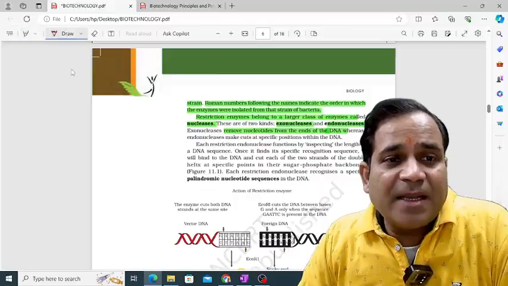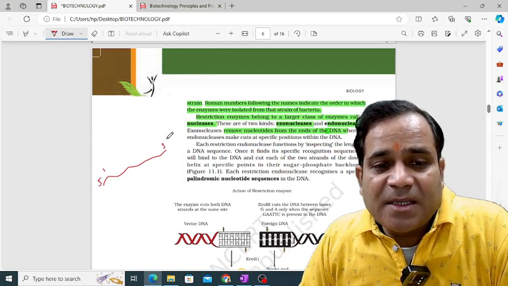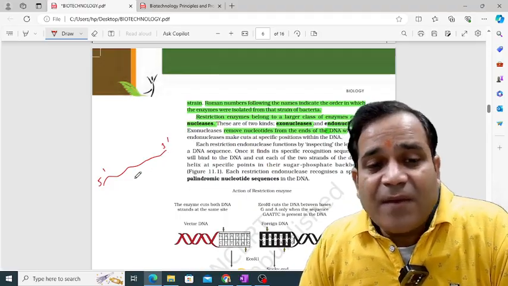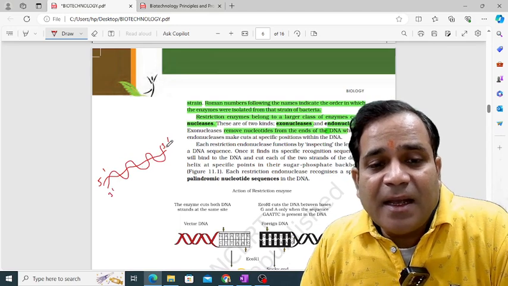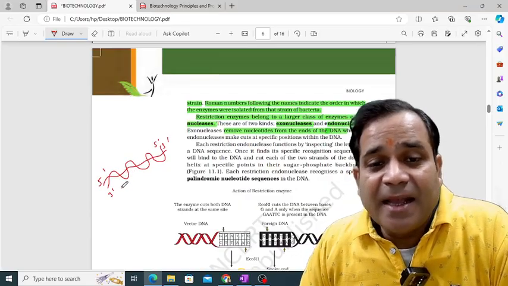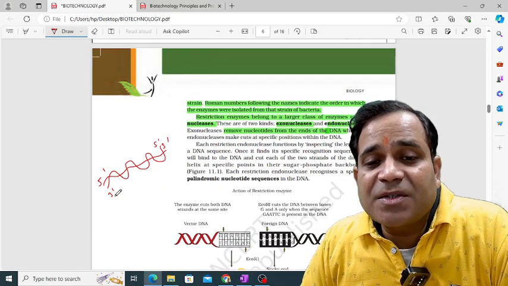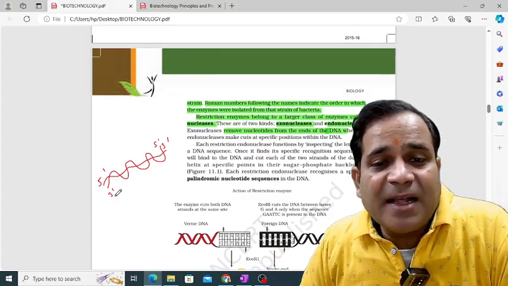Suppose I am making a diagram, suppose this one is the 5' end and this one is the 3' end. Okay. So suppose I cut this DNA; here the restriction endonuclease enzymes function by inspecting the length of the DNA sequence.